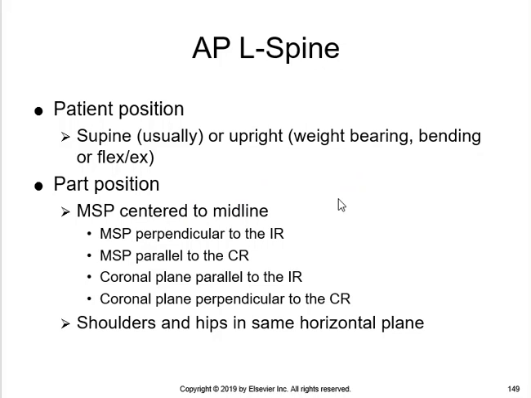The shoulders and hips should be in the same horizontal plane, which means that if the patient's laying down, the positioning is very similar to whenever we did a KUB or an abdomen, and that would be to put the iliac crest at an equal distance from the tabletop or the image receptor to make sure that you don't have any kind of rotation on the lower portion of the L spine.